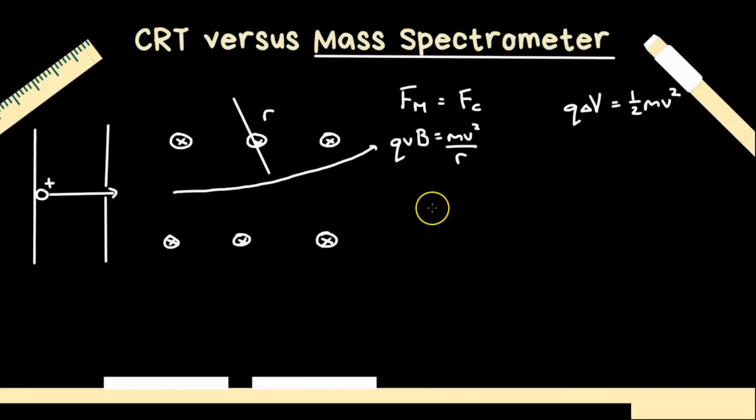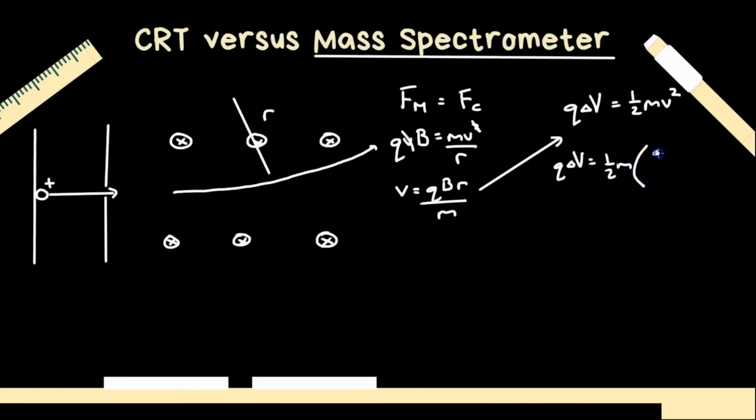Alright, so here we have two equations. We don't know what velocity is, so let's solve for velocity in our first one. The 1 will cancel, so we get v equals QBR over m. If I substitute that into our second equation, we have Q times delta V is equal to 1/2 mass times all of this, QBR over m, squared.